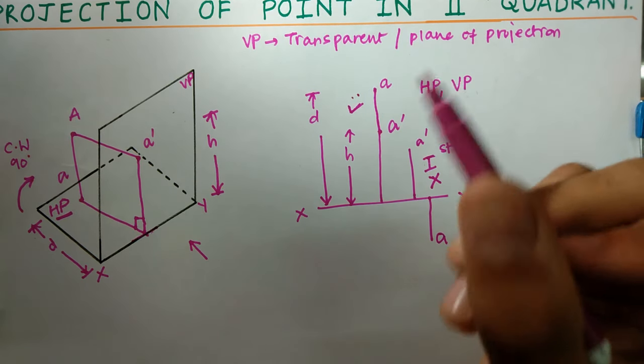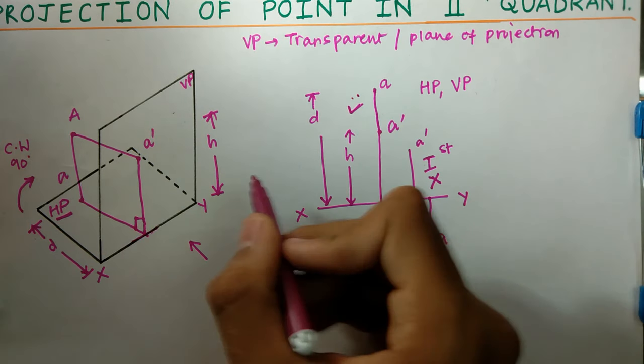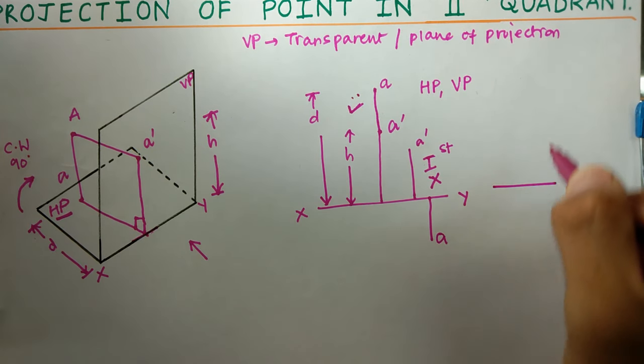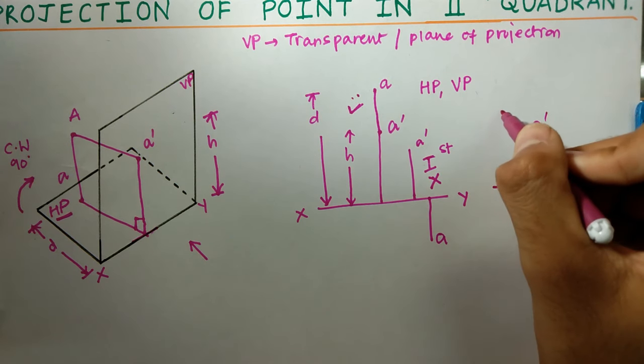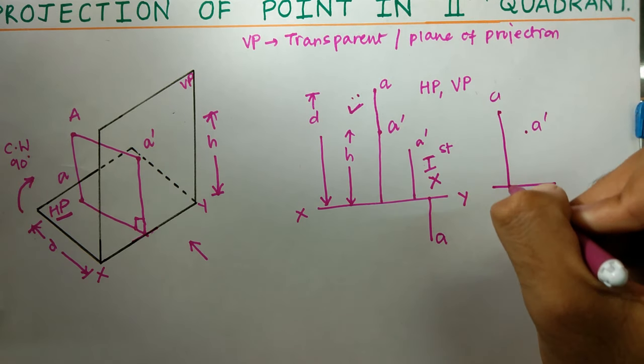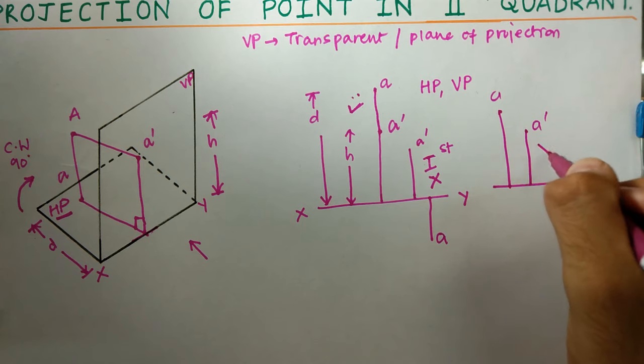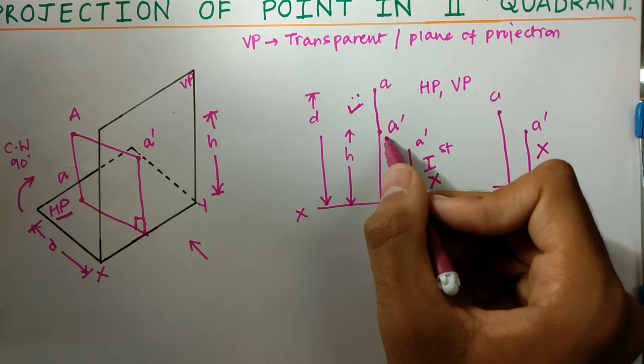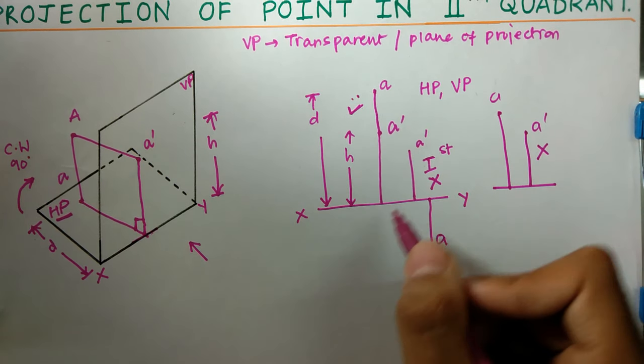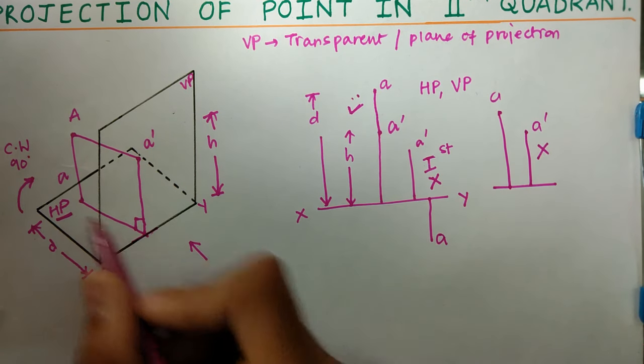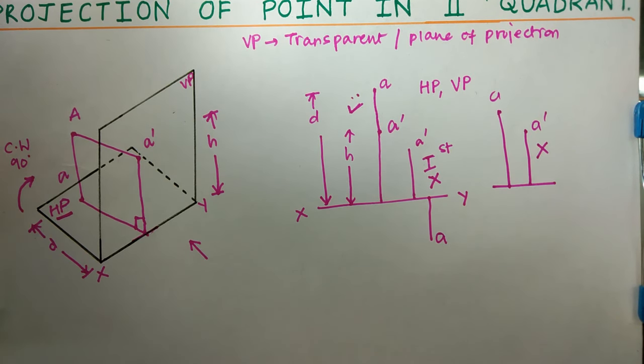However, in second quadrant, it is not at all possible like this. It is possible like this. This point is A dash, and we are joining the point A like this. Then this is considered a wrong manner, but this is referred to as the correct manner. This is the orthographic view of a point which lies in the second quadrant.